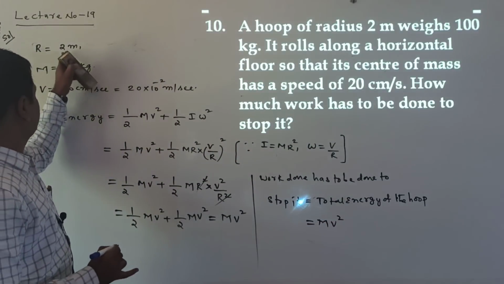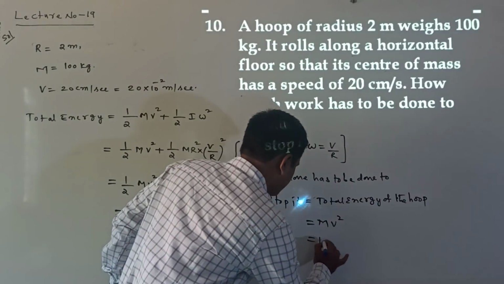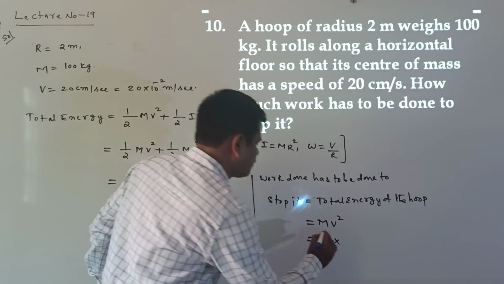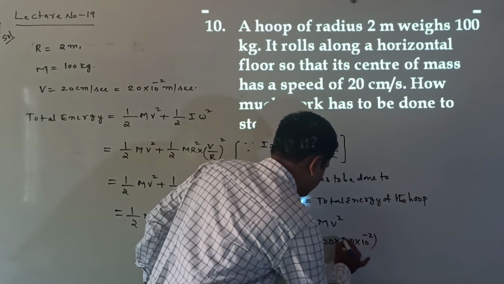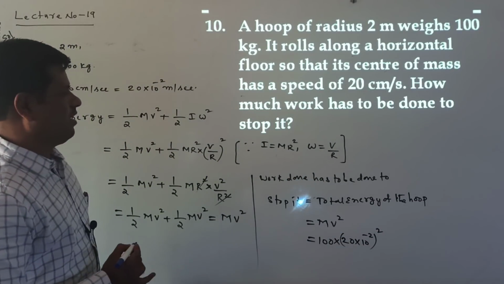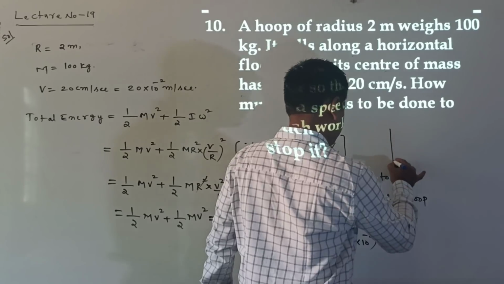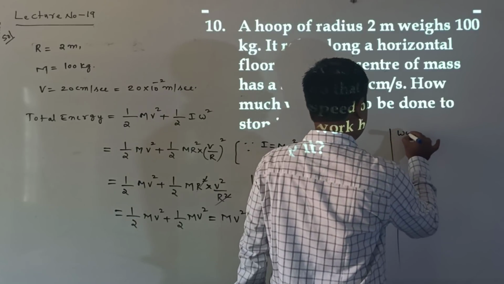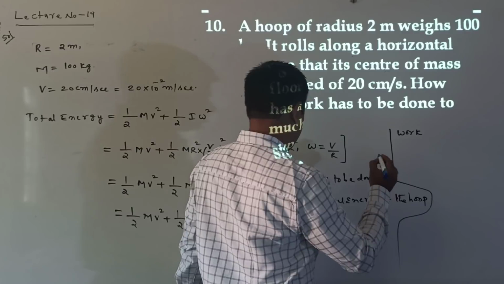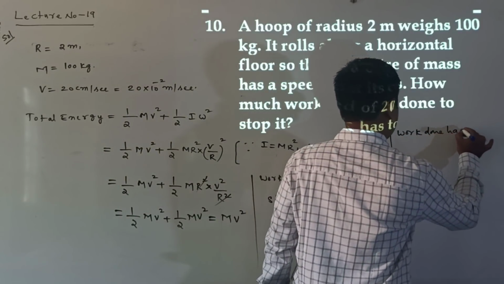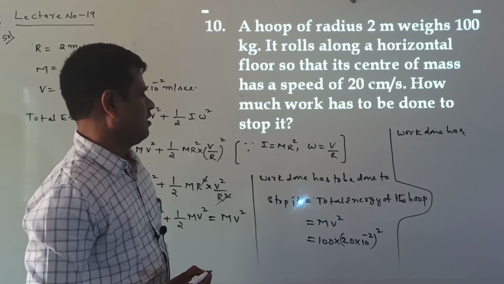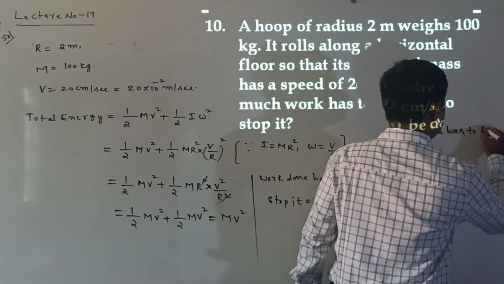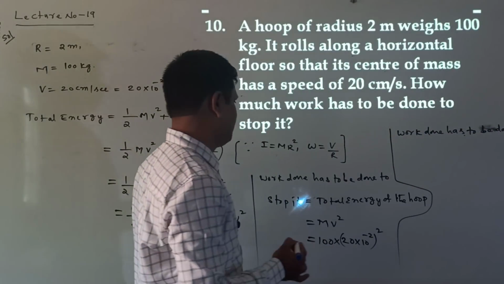Now the mass we already know is 100 into V, where V is 20 into 10 power of minus 2, whole square. Now this is the work that has to be done to stop it.